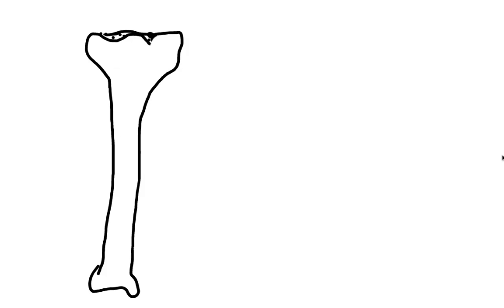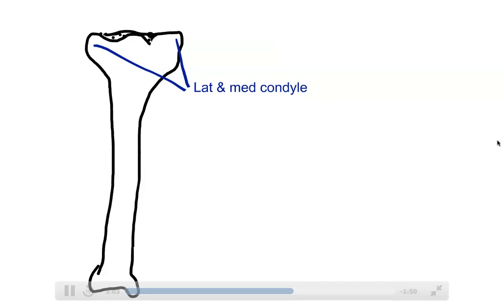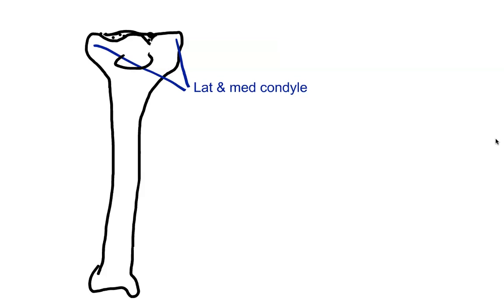The tibia, which is the larger of the two bones of the lower leg and the main weight-bearing bone, has a lateral and medial condyle, which serve as the bony attachment of a lot of the upper leg or thigh muscles. Tibial tuberosity.